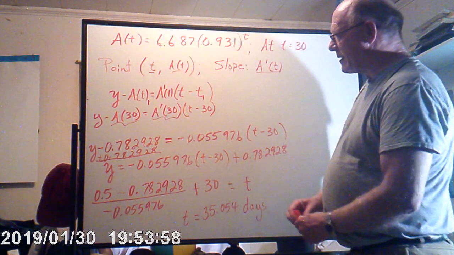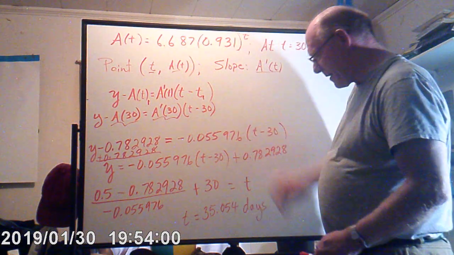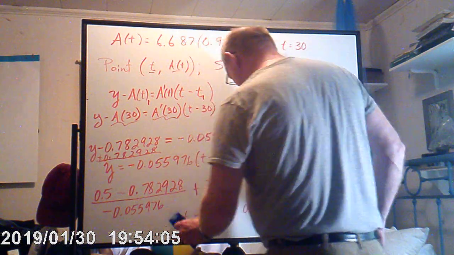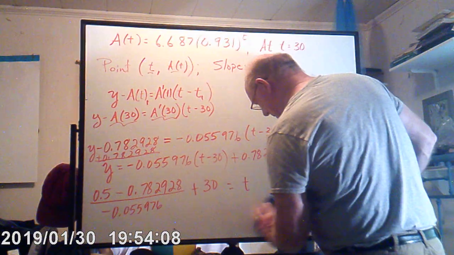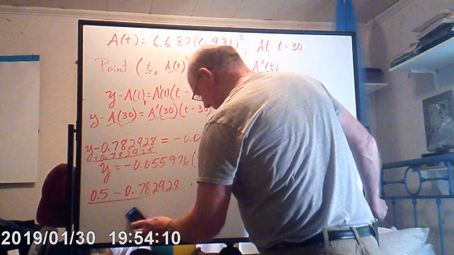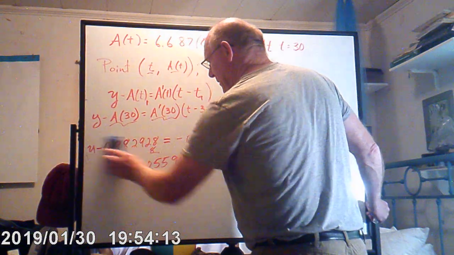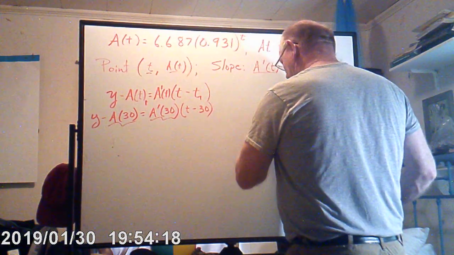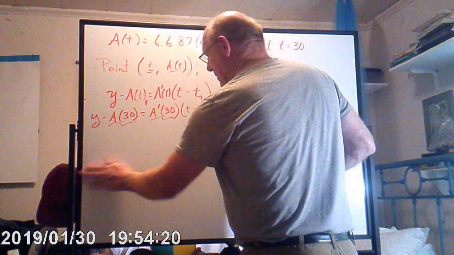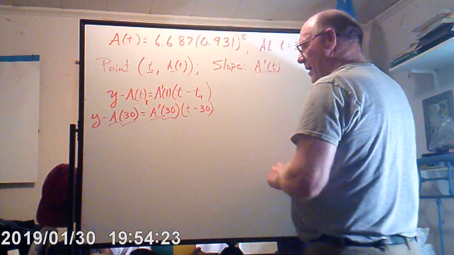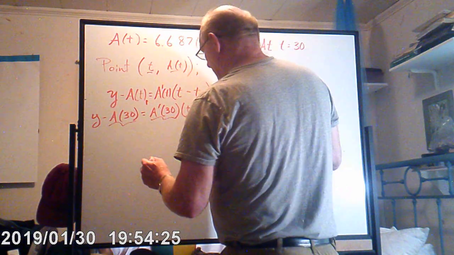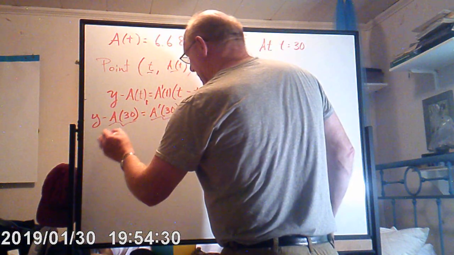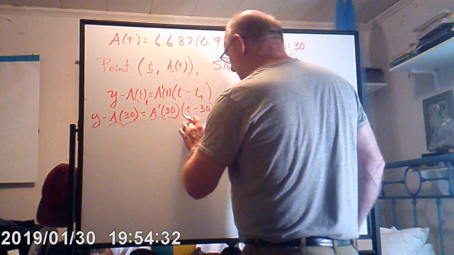Let me show you something else. I'm going to erase this answer here. I did it this way and got a more accurate answer. Of course, solving for t, I had to solve for t.